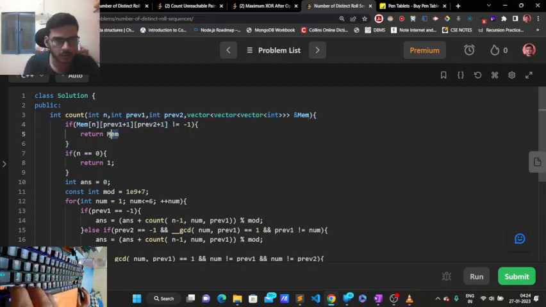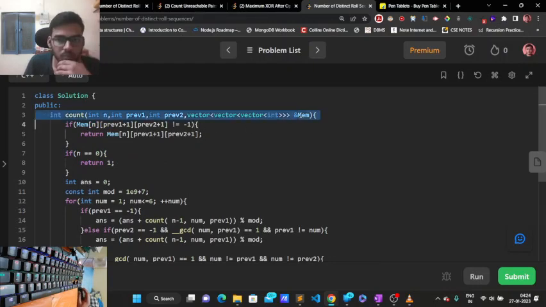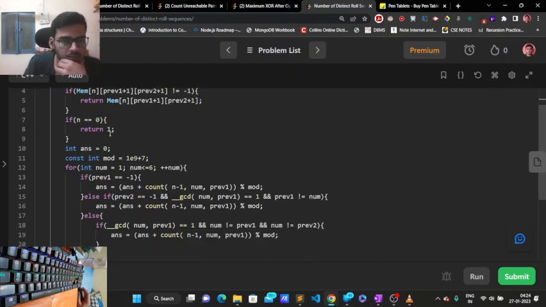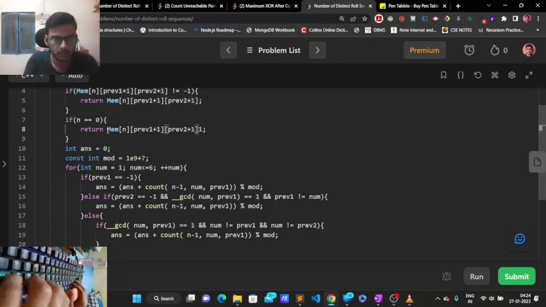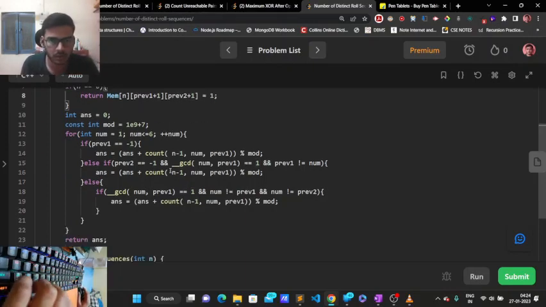We have defined the previous state. If we have visited the state, we will return the answer which is stored in our memoized data structure. Otherwise, we will be storing it.